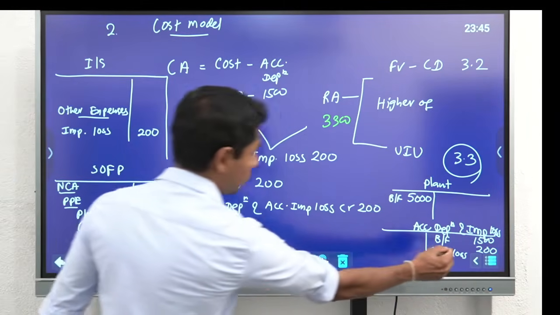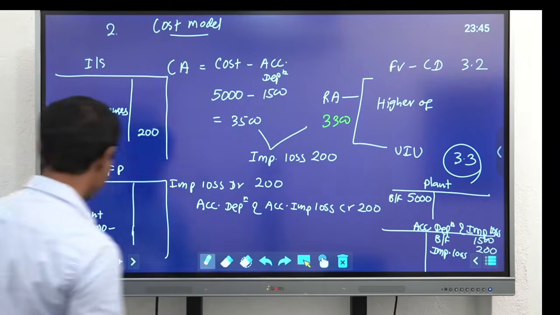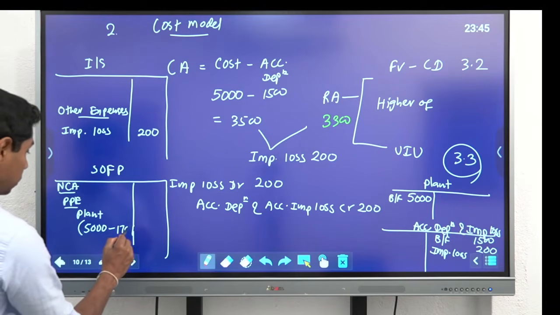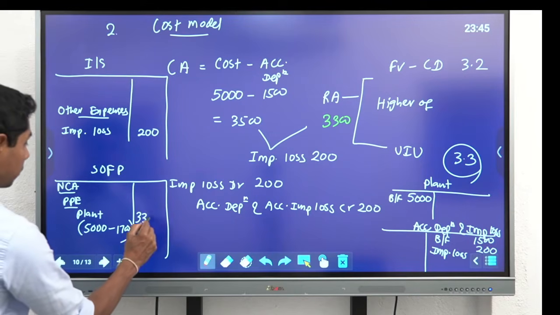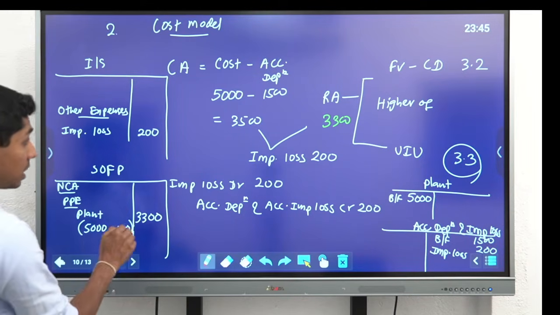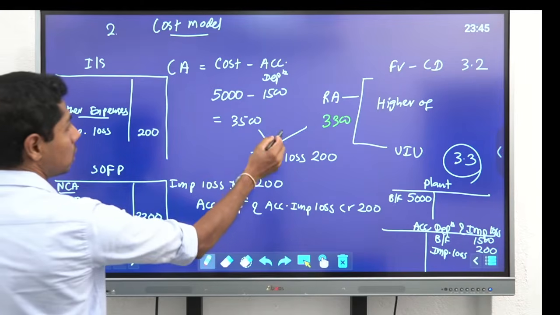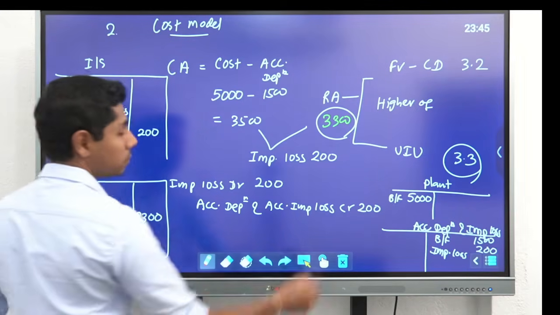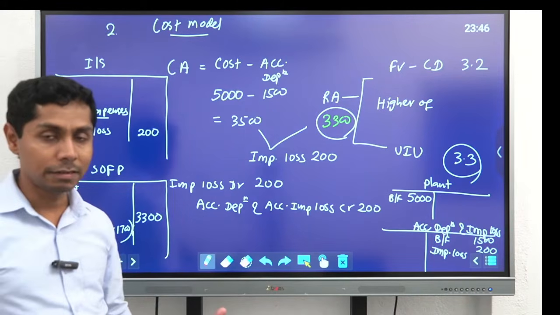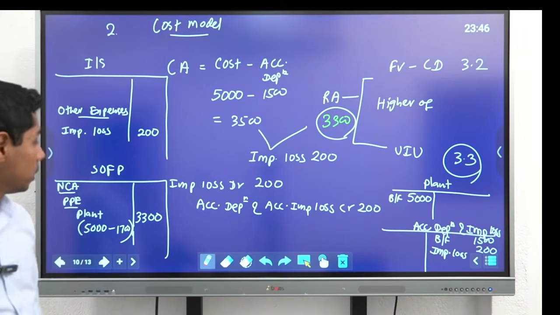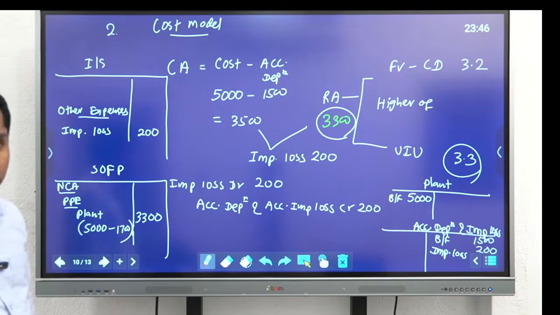Therefore the balance of this account is now 1,700. So the new carrying amount is 3,300. It should be exactly equal to the recoverable amount at the time of recognizing the impairment loss.